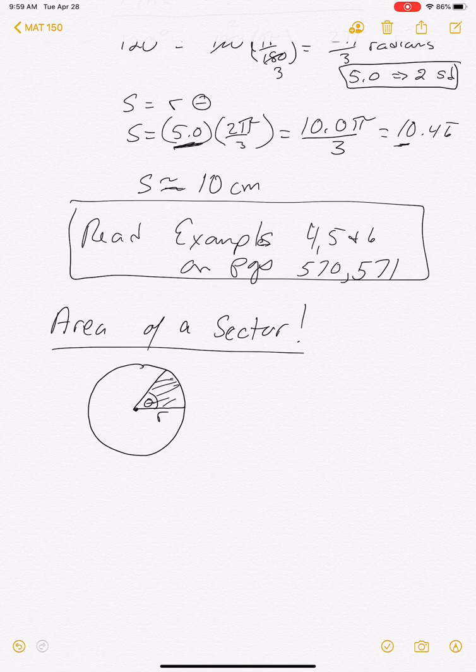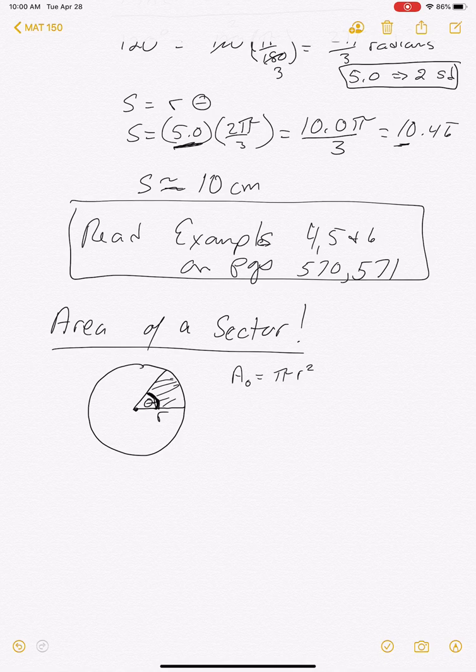So let's take a look at this. The area of a whole circle is pi r squared, right? But theta is only a portion of the circle. So if I take the area of the circle and I multiply it by what portion this is.